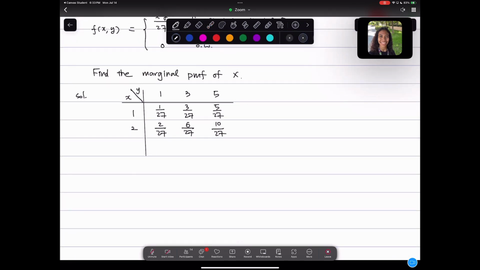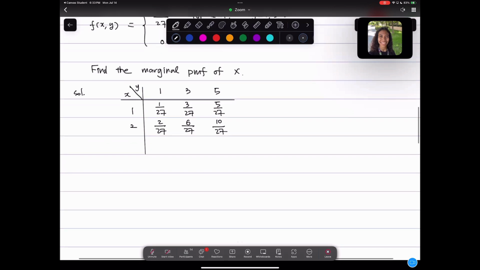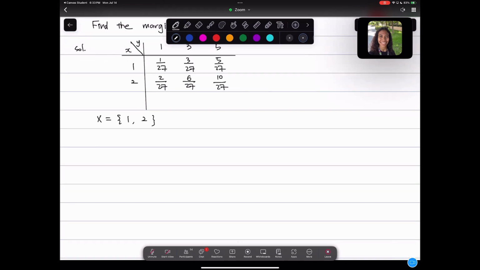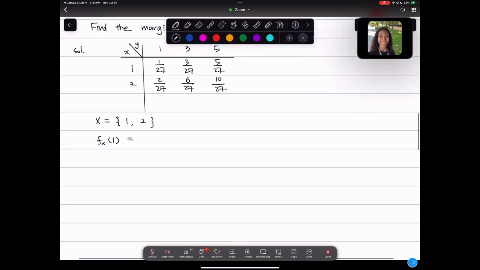What's the marginal? Let's think about it. I have my x values, which are either 1 or 2. So I have to get the probability of x value of 1 and x value of 2. By the definition, f of variable x, taking the value 1, equals this: your x is fixed at 1, but your y value can be 1 or 3 or 5.